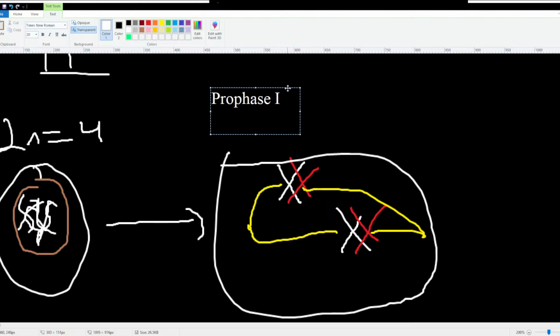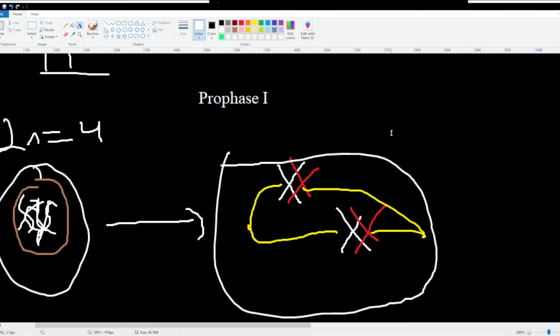Okay, so what's going on here, right? Now, as you saw with just regular mitosis, I made no distinction between the chromosomes, but here I did make a distinction. Now here, red is from mom, and white is from dad.